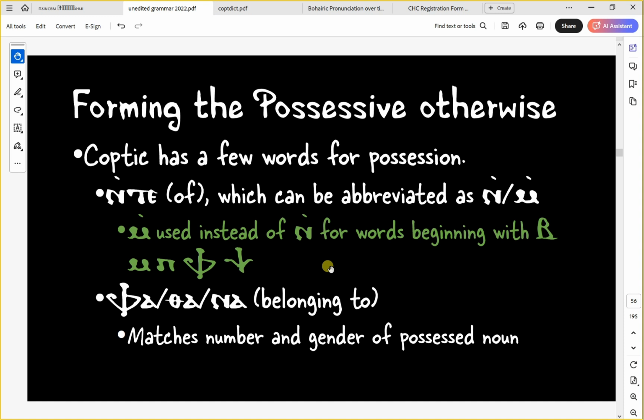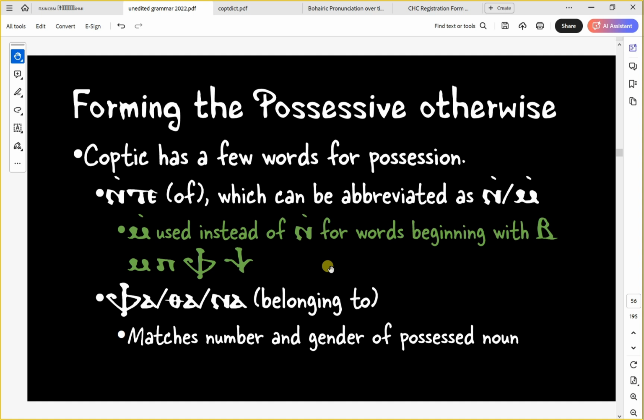Other ways to form the possessive. So what if you want to do possessive, but it is not a pronoun? So there are two different ways. You could have ente, which means of, which was used previously, and then we have fa, tha, na, which was also used previously.